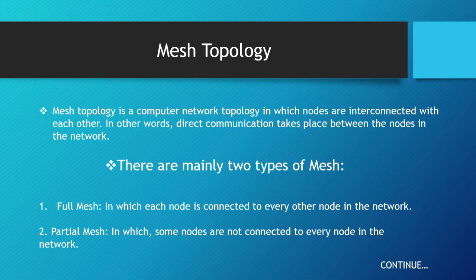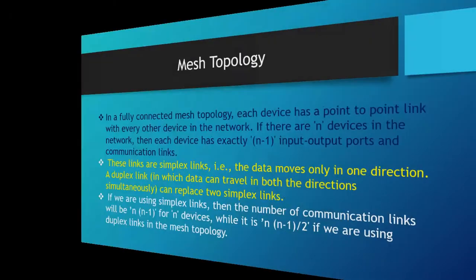In a full mesh, each node is connected to every other node in the network, and in a partial mesh, some nodes are not connected to every node in the network. So that is the difference between full mesh and partial mesh.